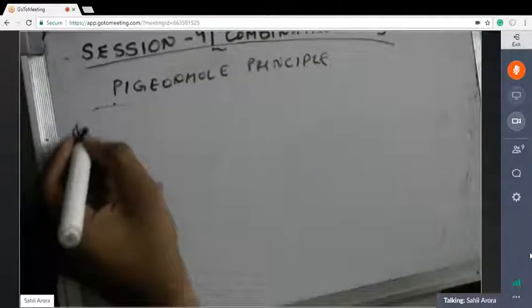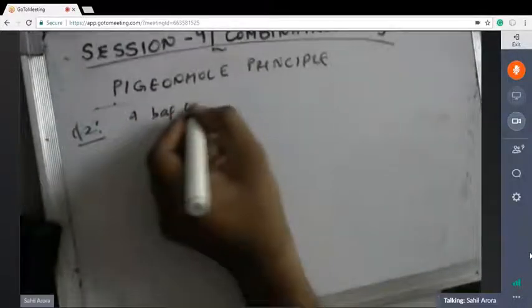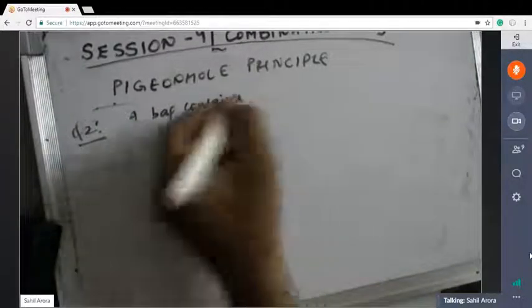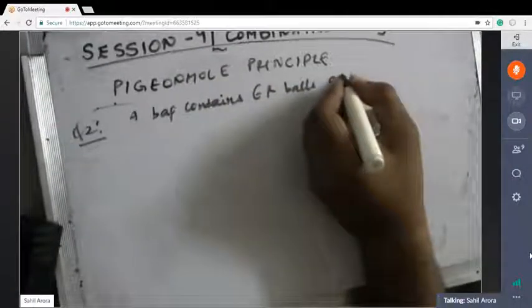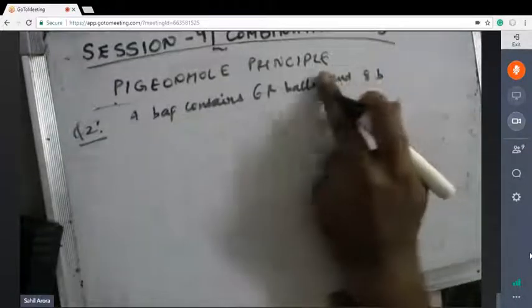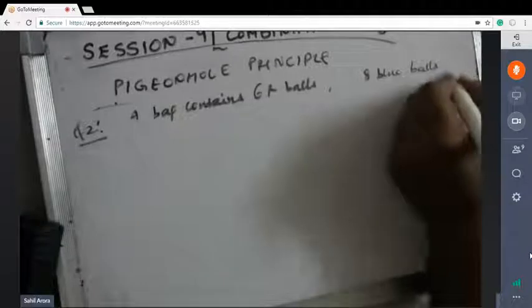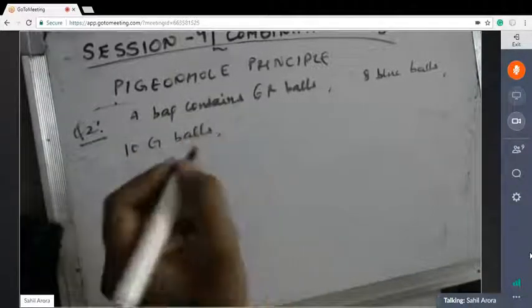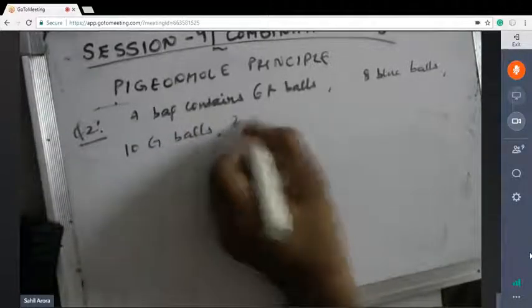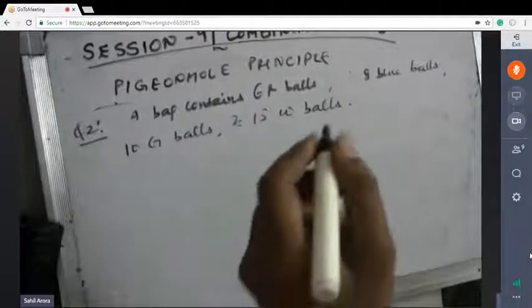Question number 2 says, a bag contains 6 red balls, 8 blue balls, 10 green balls, 15 white balls, and 20 yellow balls also.